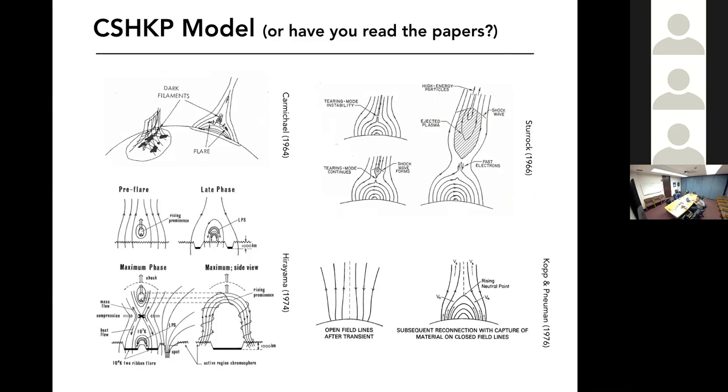I think it's Shibata-san in the 90s who took the first letter of all the authors and called it the CSHKP model. So this is sort of the standard flare model. It's a combination of all the interesting features or the correct features in all these 4 papers.